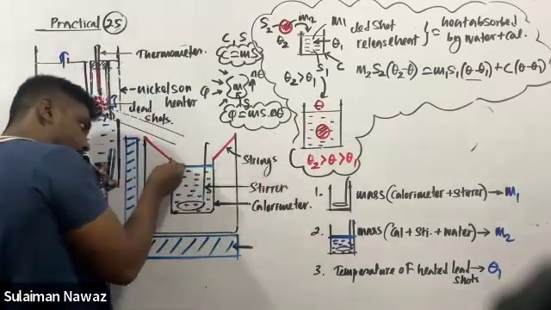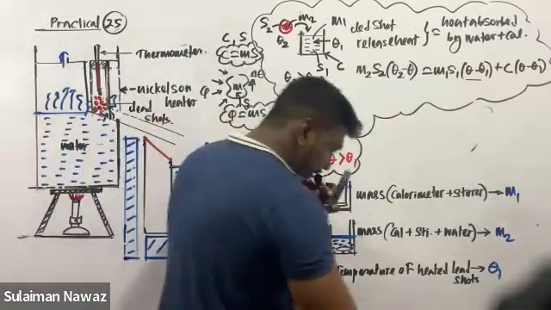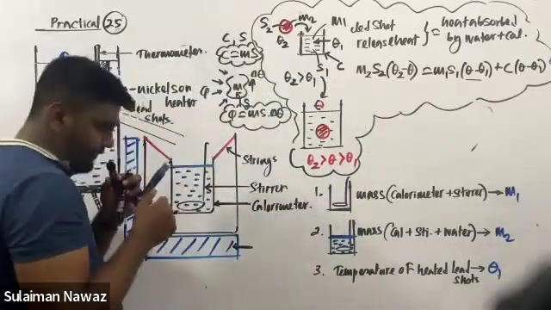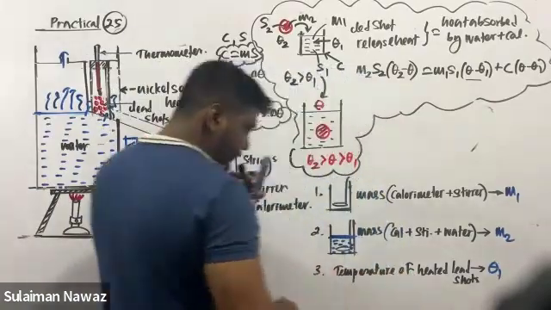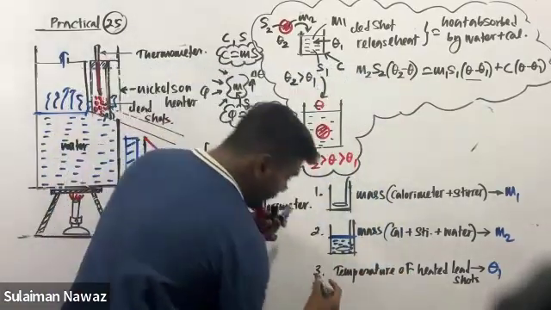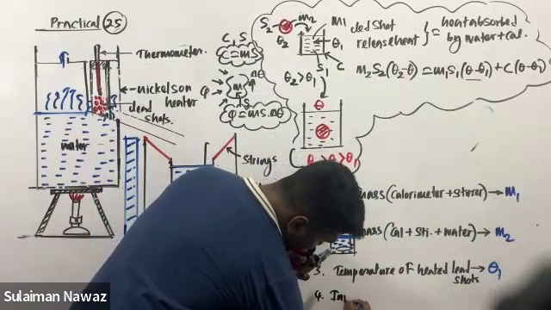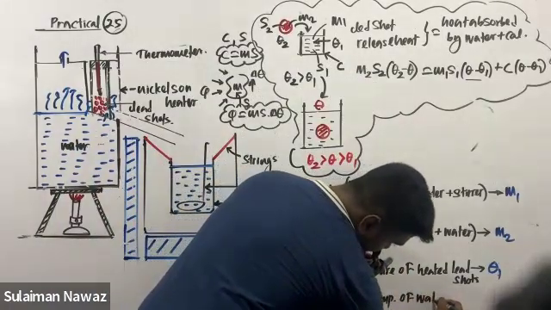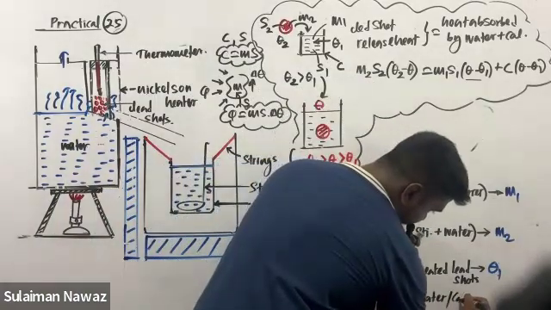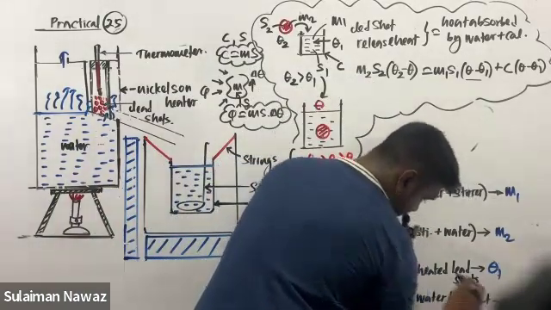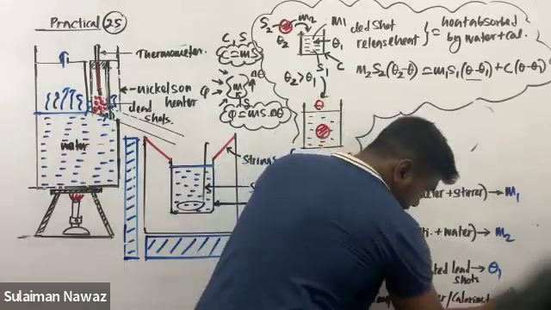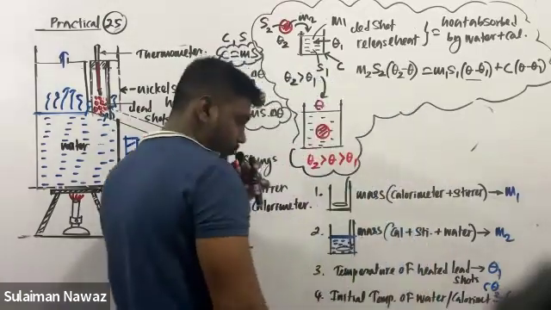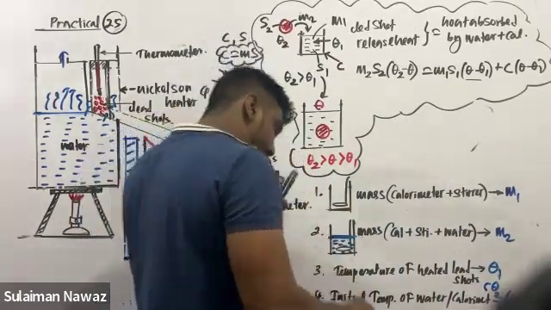Whatever the temperature of the water is, the calorimeter has it too. So theta 2 means the initial temperature of water, if not calorimeter, because both of them have the same temperature. This is my theta 2.